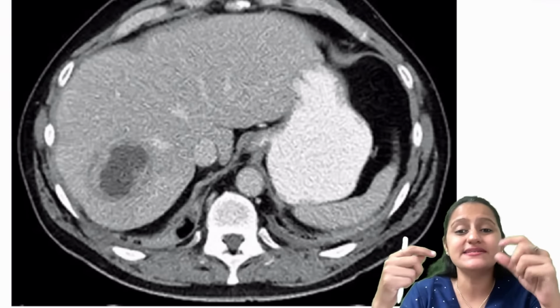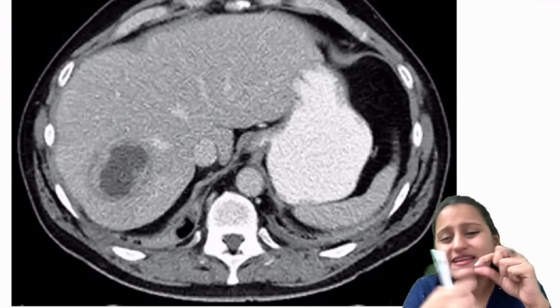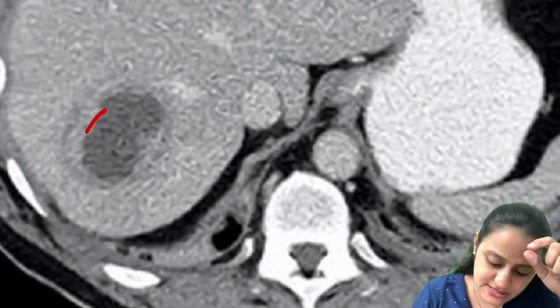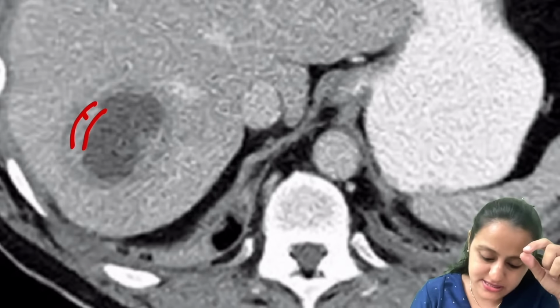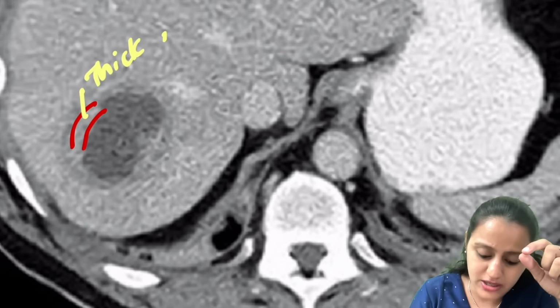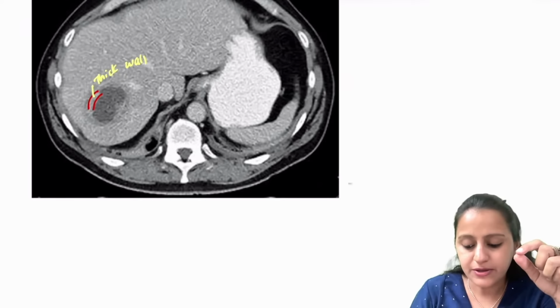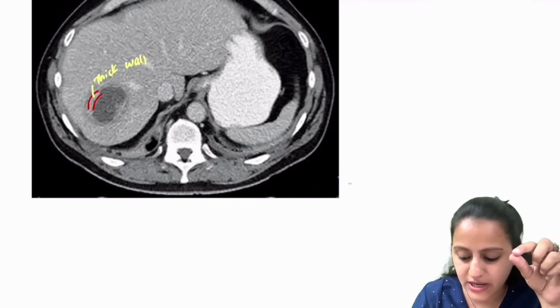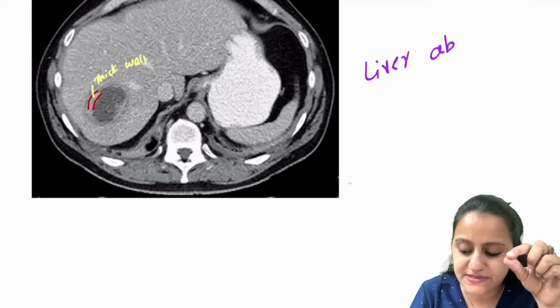Why is this not a cyst? Because a cyst by definition has a very thin wall which you might not be able to see. But look at this lesion. This lesion has a thicker wall. It is not a very thin wall. So a solitary hypodense lesion in the liver with a thick wall like this, you think of liver abscess.